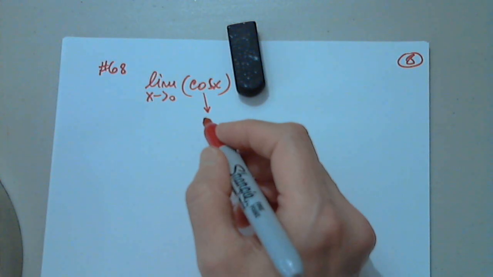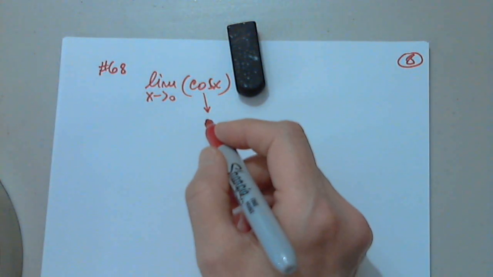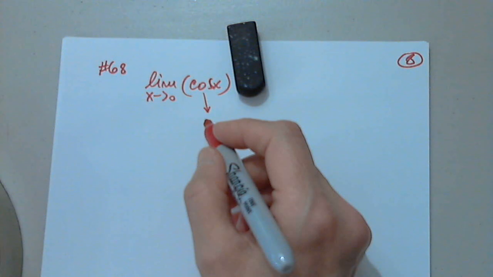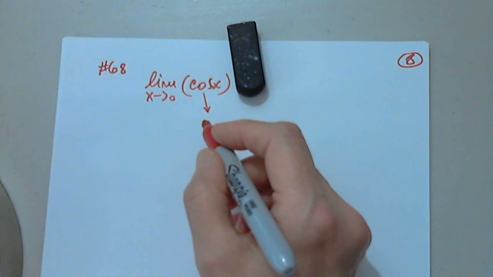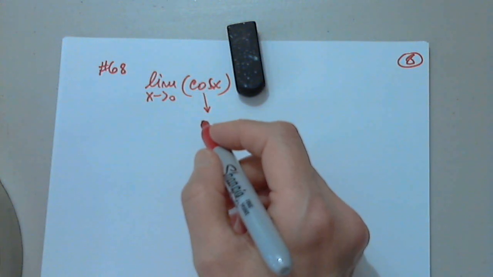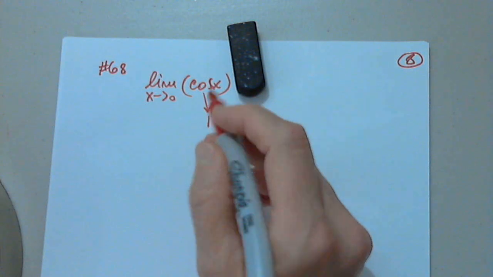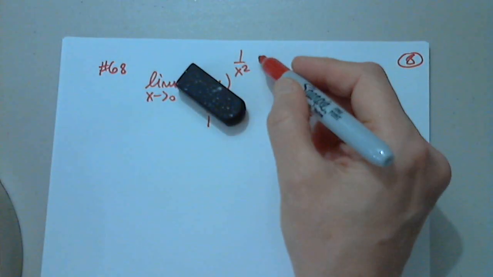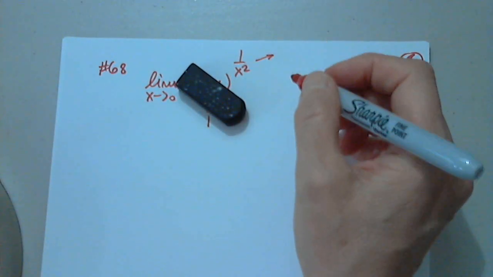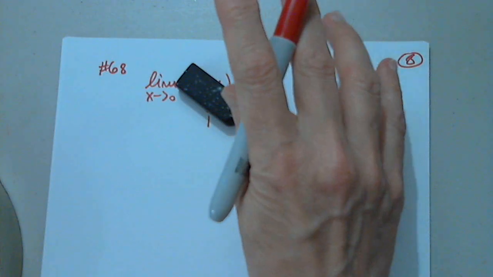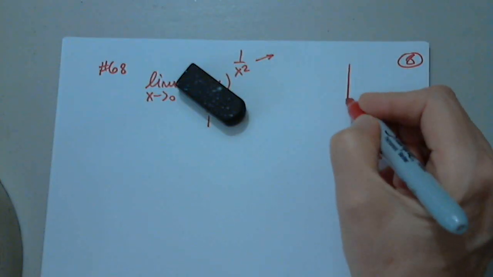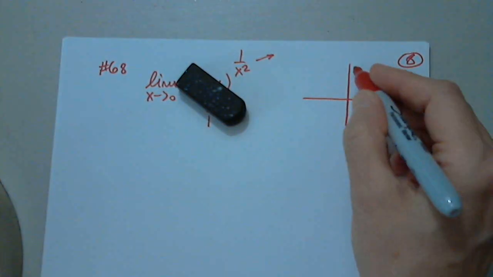Anyone? Anyone, please? 1. Good. And where is 1 over x squared going? 0. Careful. So let's discuss this. Yes.